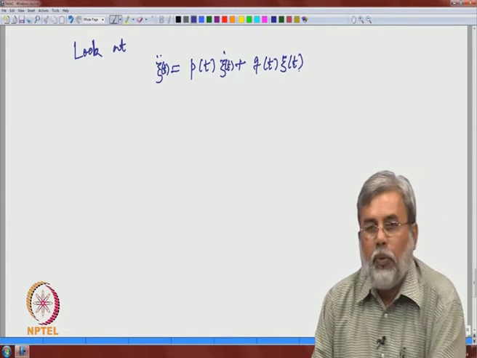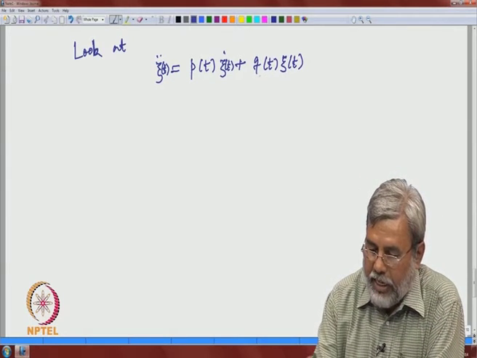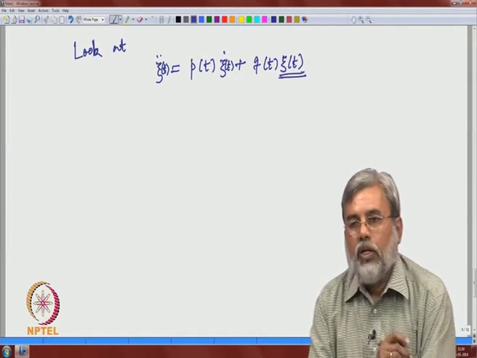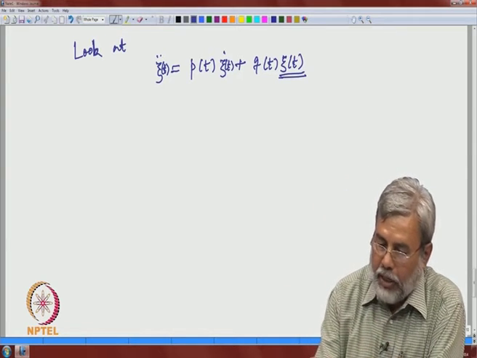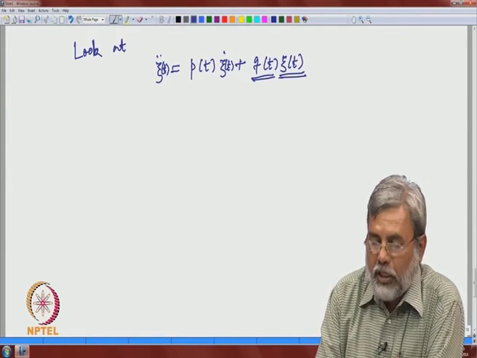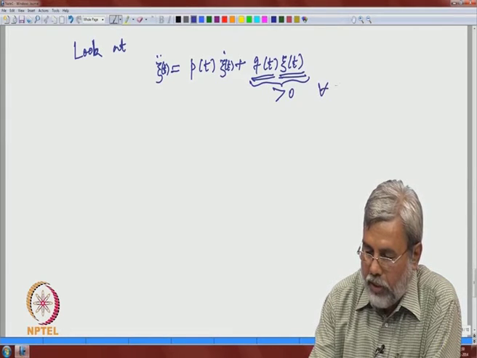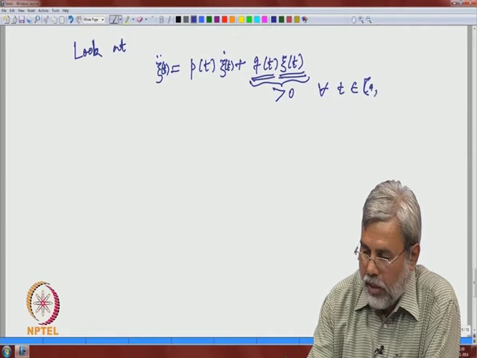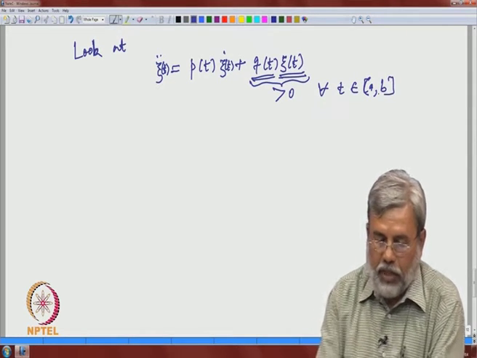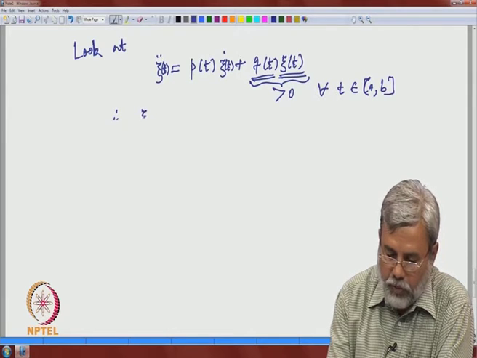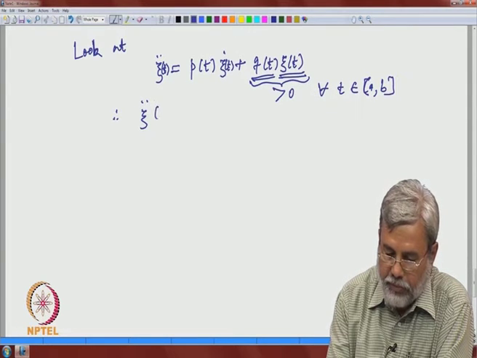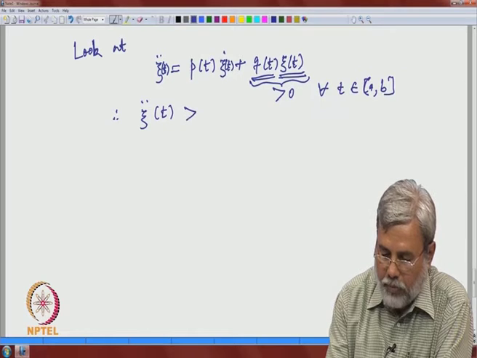And just now we have proved that this xi t is positive up to B and Q is positive by assumption. So, this one is positive for all t in A. Okay. So, therefore, we have this inequality. We can put greater than or just.